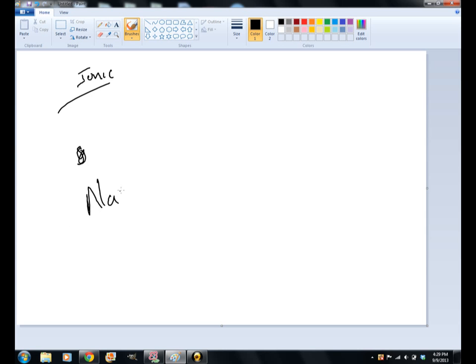Salt, table salt, chlorine. They fit together because this is a -2 and that's a +2. They fit together, I believe. This is just from memory, so I'm not sure. But they fit together, so that's an ionic bond.